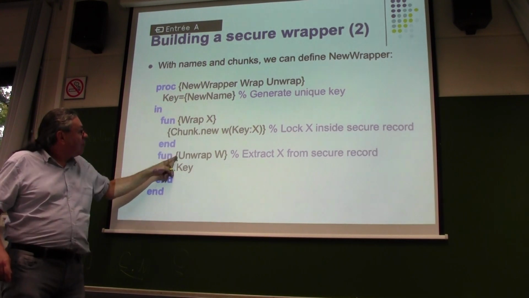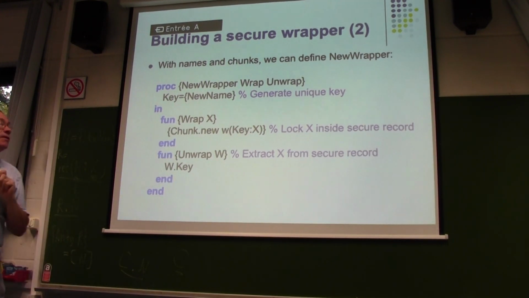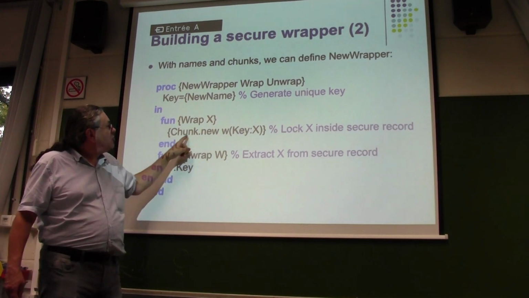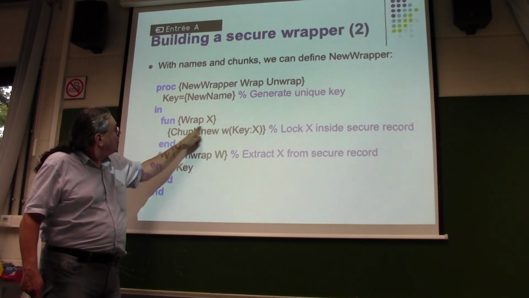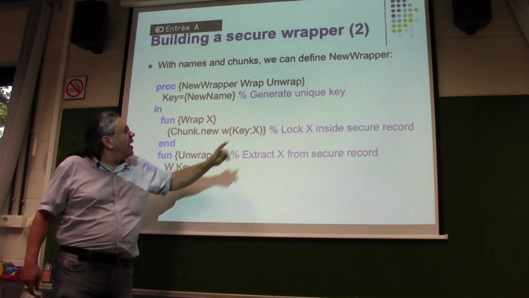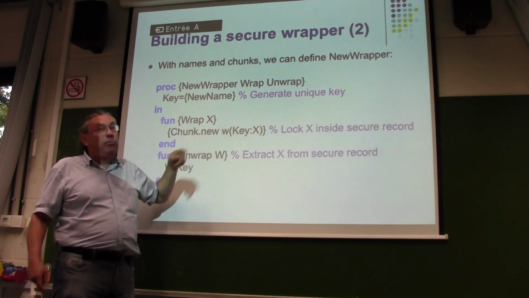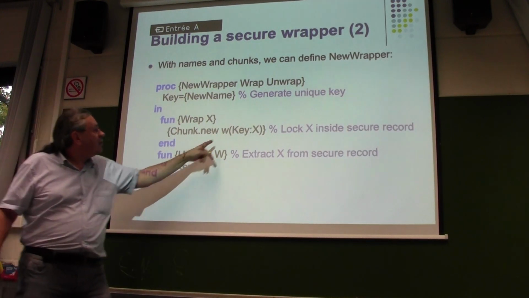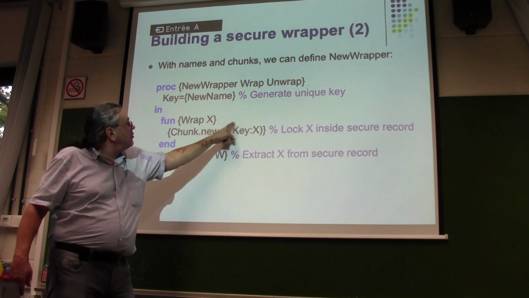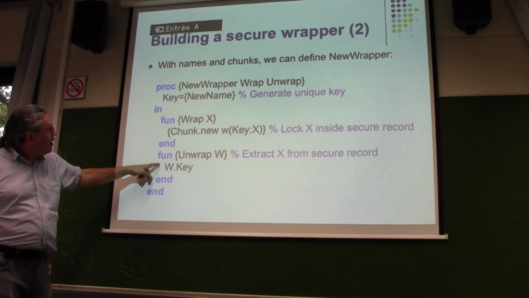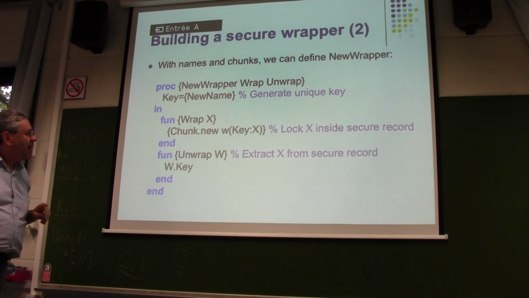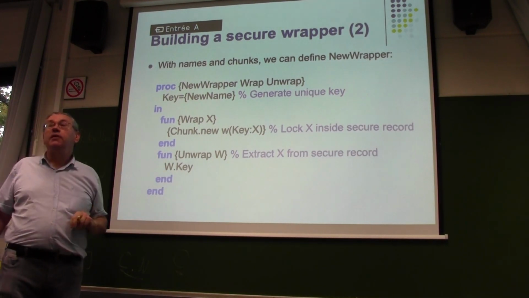But Wrap and Unwrap both know the key. What Wrap does is it essentially just creates a secure record, and here I have a simple record, key: X. I put W as the label, it doesn't really matter. So X is locked inside the secure record. And then Unwrap takes a secure record W, and it just does W dot key.